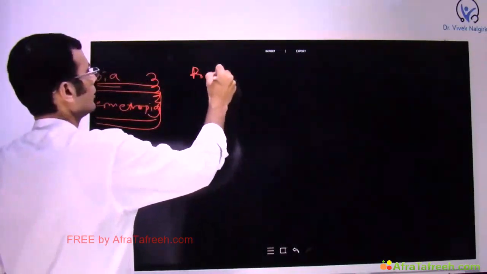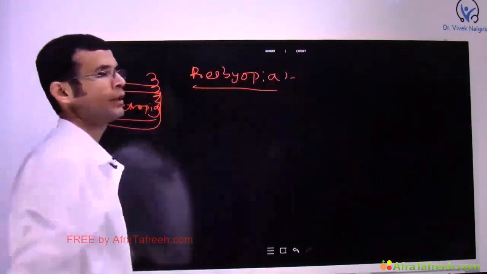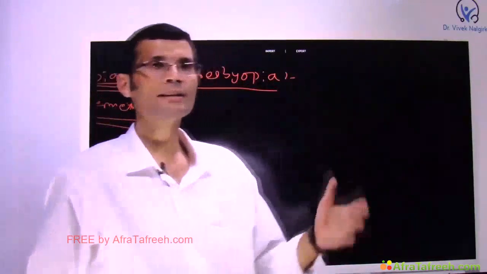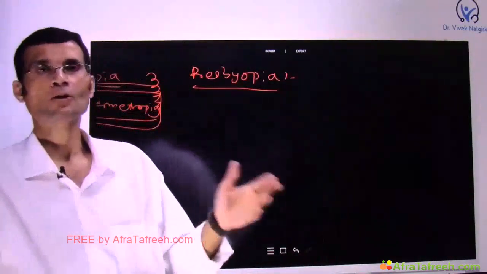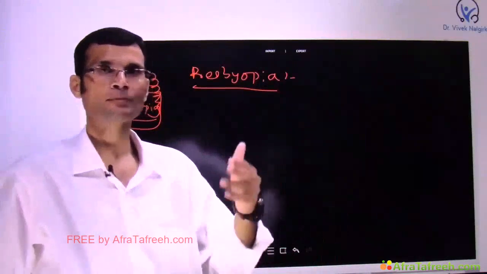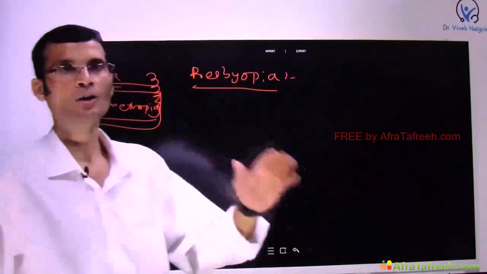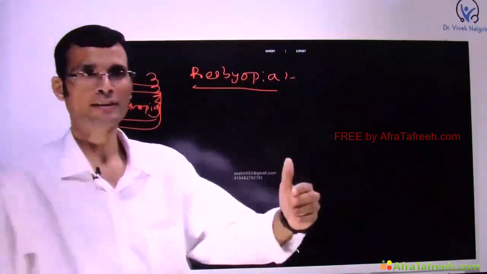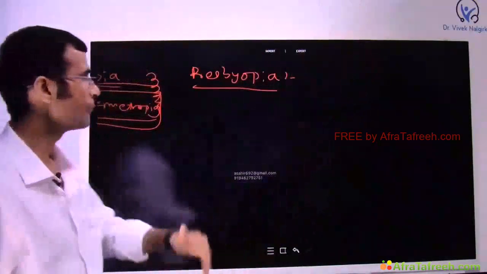Presbyopia, well, there is an easy way of remembering. Very often students tend to confuse this. Myopia is short-sightedness, meaning what you can see or what you cannot see. So a simple way of remembering: myopia is "my-opia", something which is closer, and you can see the closer objects clearly but cannot see the far off objects clearly.